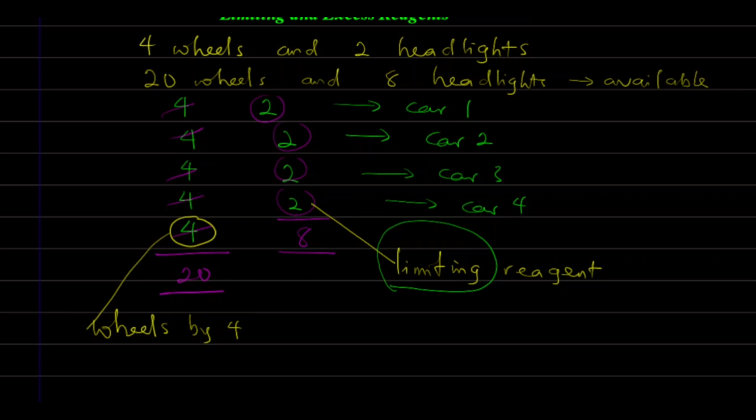That means the limiting reagent is defined as the substance or reagent that is first used up in any chemical reaction. It prevents the chemical reaction from proceeding.